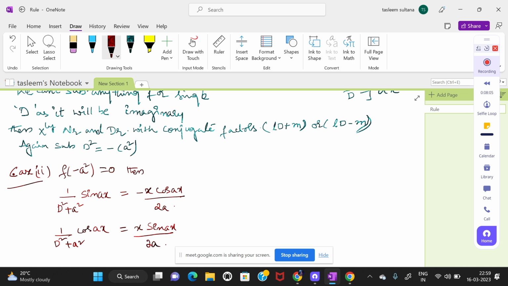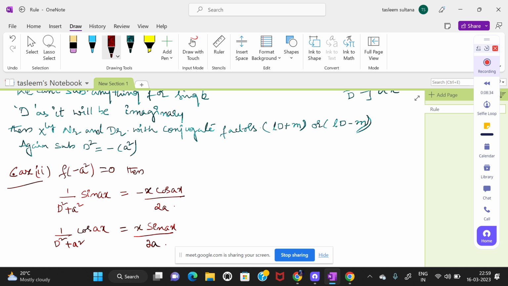After substituting, if your denominator becomes 0, which happens when it is in the form D square plus a square, then it moves to case 2. If I am in the form 1 by D square plus a square into sin ax, just write it equals minus x cos ax divided by 2a.